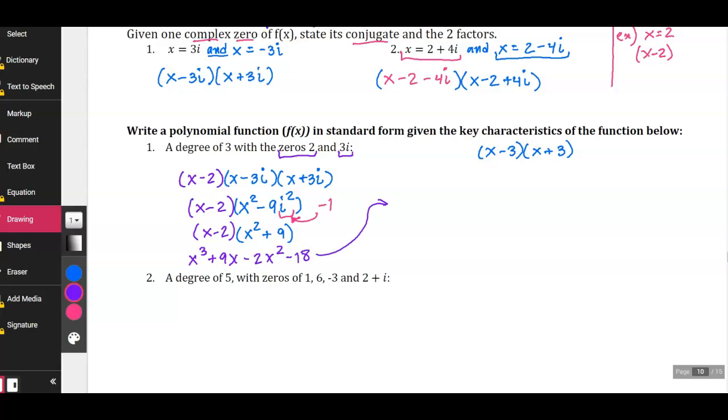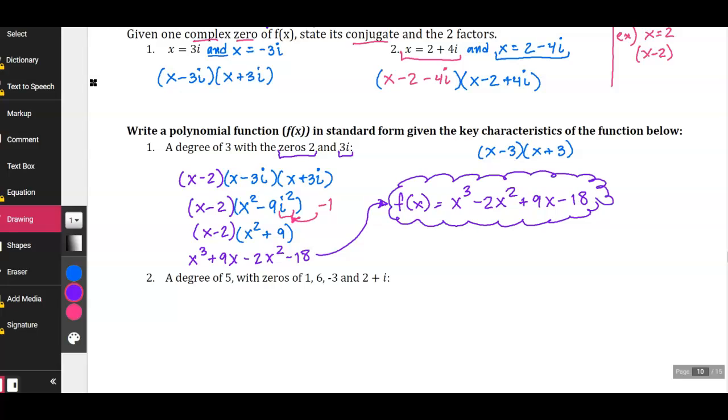But then I'm just going to finish this off writing it in complete standard form because right now I'm out of order with my exponents, so I'm just going to turn them around to have x cubed minus 2x squared plus 9x minus 18. This is my polynomial in standard form. Any questions on this?